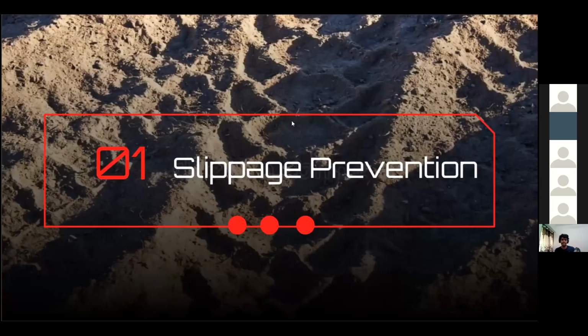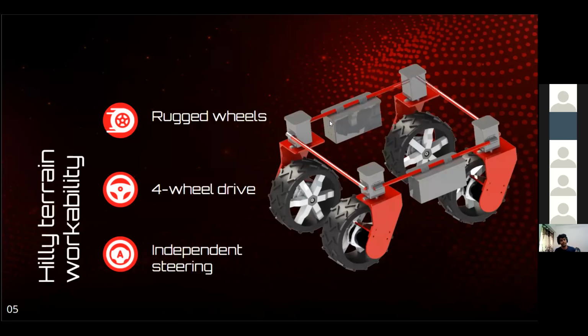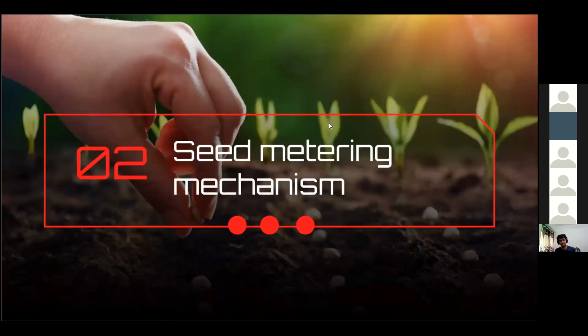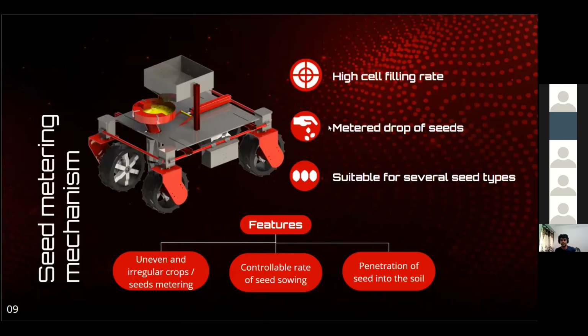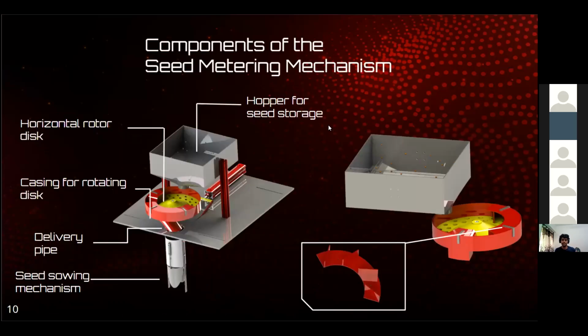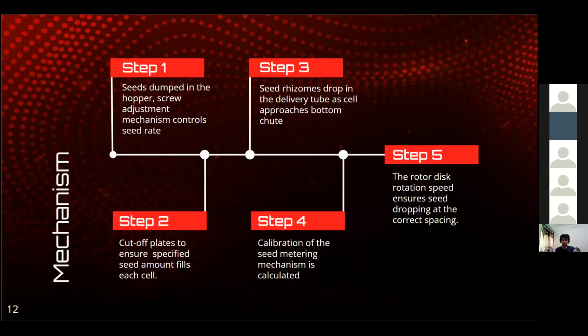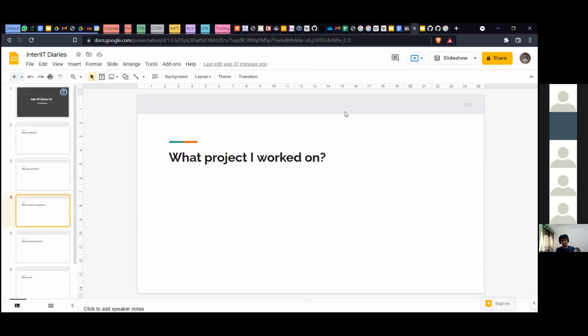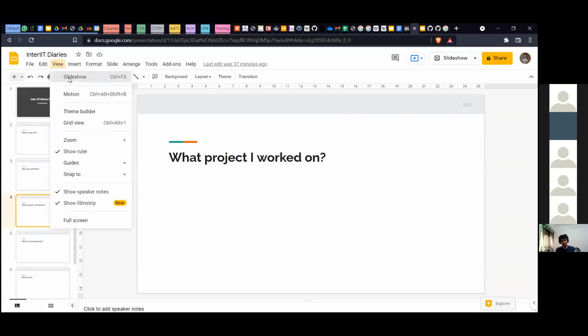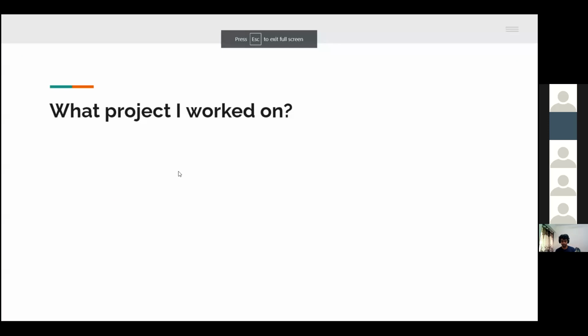So we came up with designs. I won't go into details here. You can visit the GitHub repo where all the designs of all the projects of the Inter-IIT are uploaded. And you can definitely ask me questions regarding these. So this was the project I worked upon, and being the team leader for this, we were given a time frame of 3 weeks.